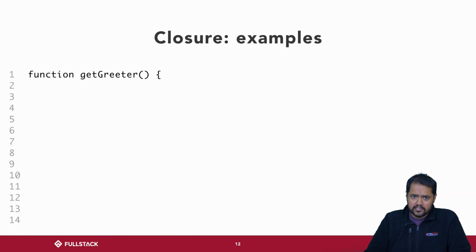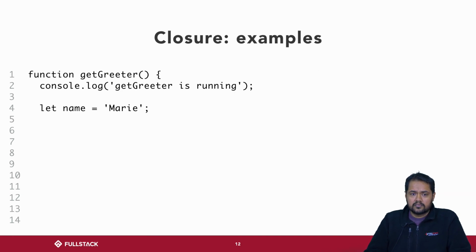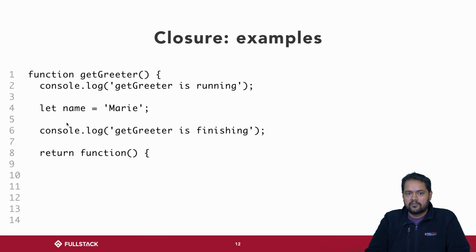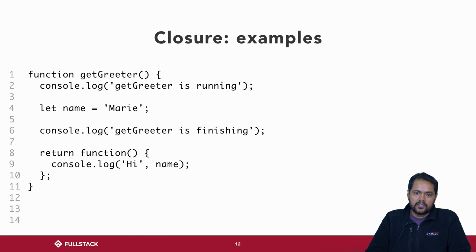So if we look at this same kind of example from before, we have this getGreeter function. We're defining a name, Marie, and then we have a function returned from getGreeter that uses the name that's defined here.